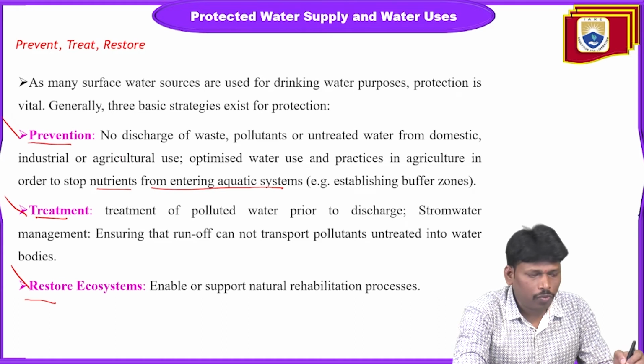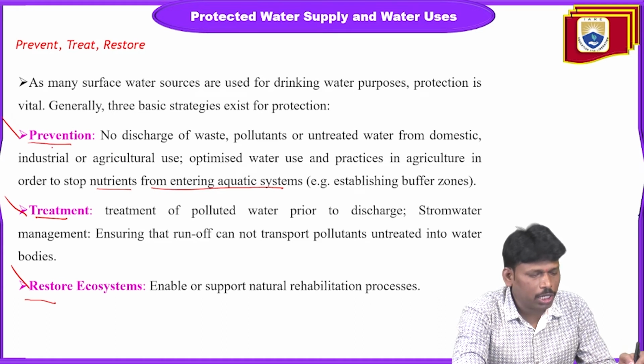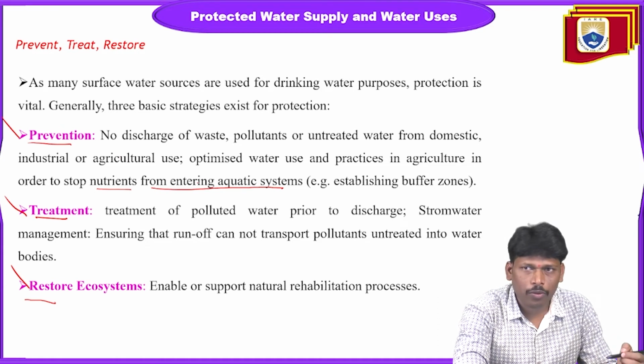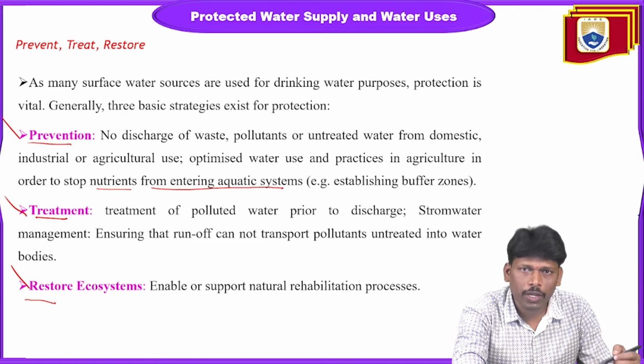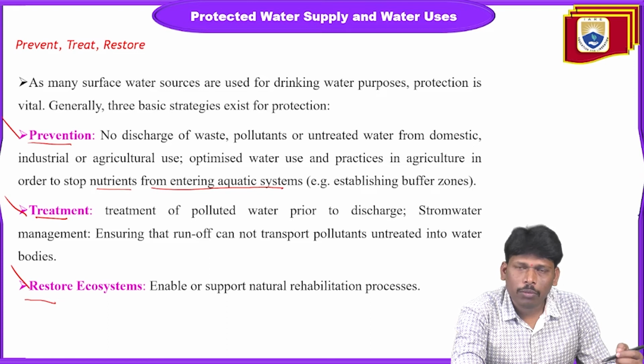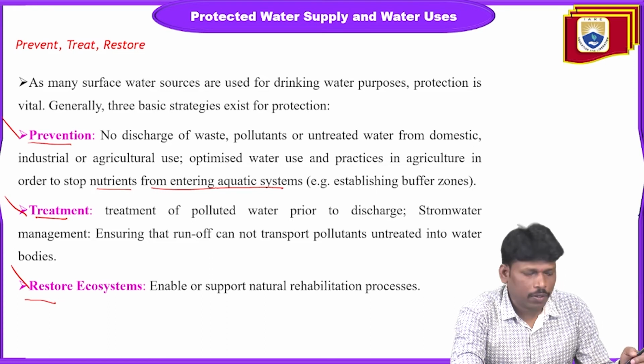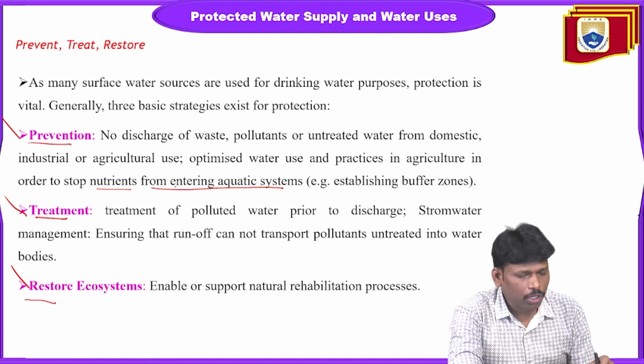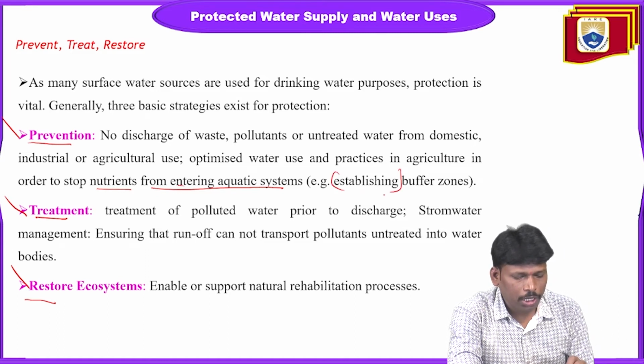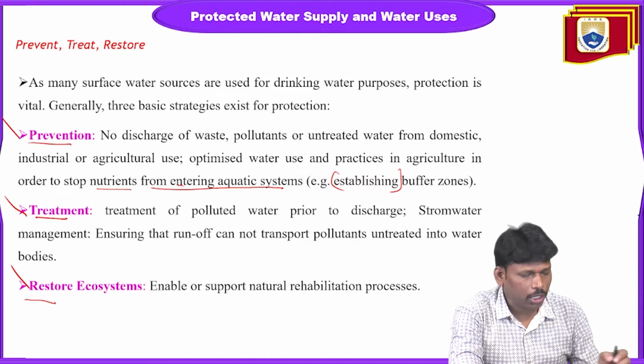We are supposed to take preventive measures to stop the entry of other materials into the aquatic system of the water. As an example, by establishing buffer zones, we can protect it.